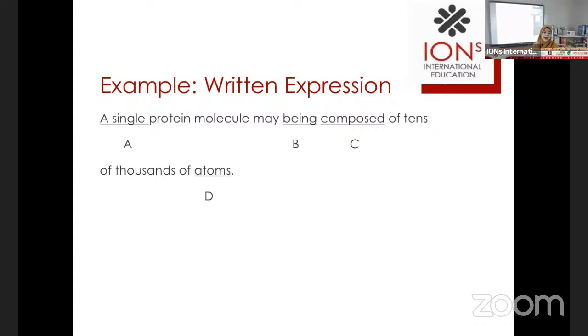Okay, yang pertama A, B, C, D. Nah, yang harus teman-teman tahu pertama, in this part B, in this kind of question, teman-teman itu harus tahu bahwa yang kemungkinan salah adalah yang di underline, yang digaris bawahi.